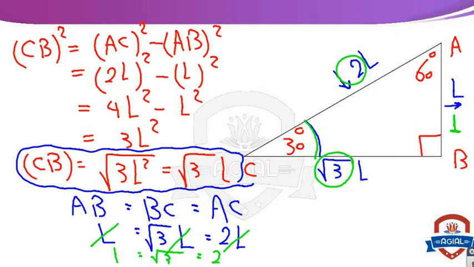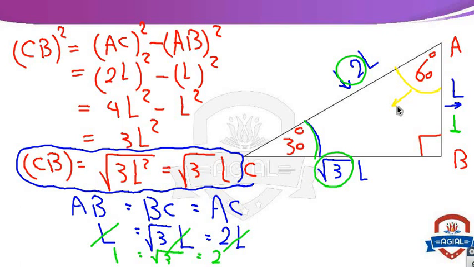Okay. How to find sine 60, cosine 60, and tan 60? Sine 60 equals opposite over hypotenuse, square root of 3 over 2. Cosine 60 equals adjacent over hypotenuse, 1 over 2.